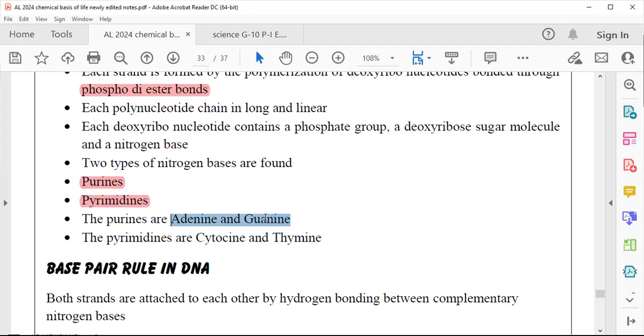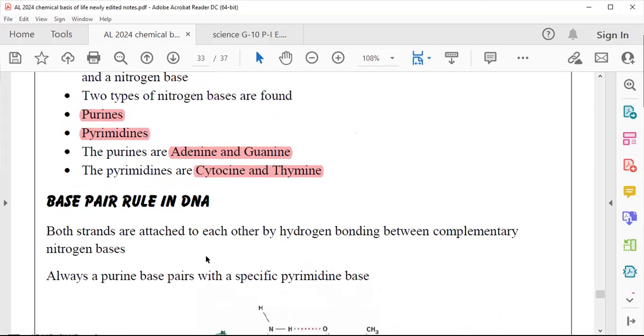What are the purines found in DNA? Adenine and guanine. What are the pyrimidine nitrogen bases found in DNA? Cytosine and thymine. Are you clear?